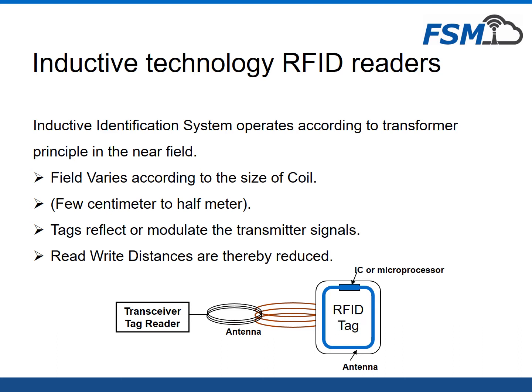Very simple as explained, but inductive RFIDs are endowed with smaller ranges because the inductive electromagnetic field does have a very limited range.